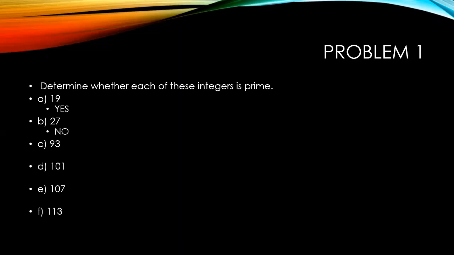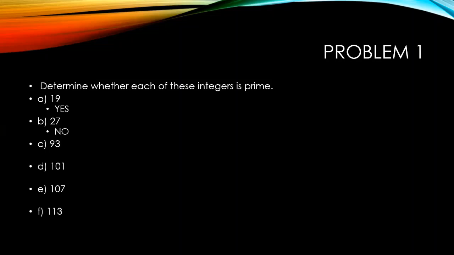How about 93? Get the square root of 93. It's 9 point something. So we need to divide 93 by 1, 2, 3, 5, 7, those are all the prime numbers from 1 to 9.